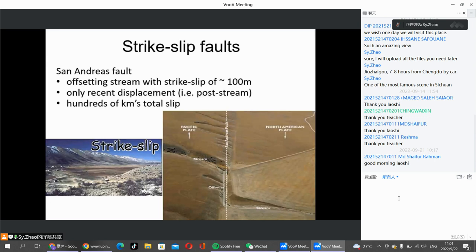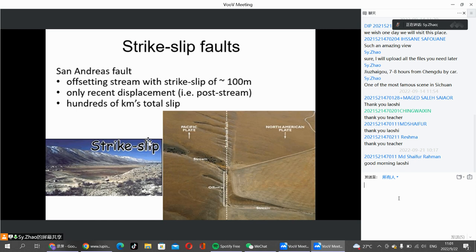Another famous fault, the San Andreas fault, is about 1,300 kilometers long, and it has existed for over 20 million years. It caused streams, you can see, offset with strike slip of about 100 meters in a very recent displacement.